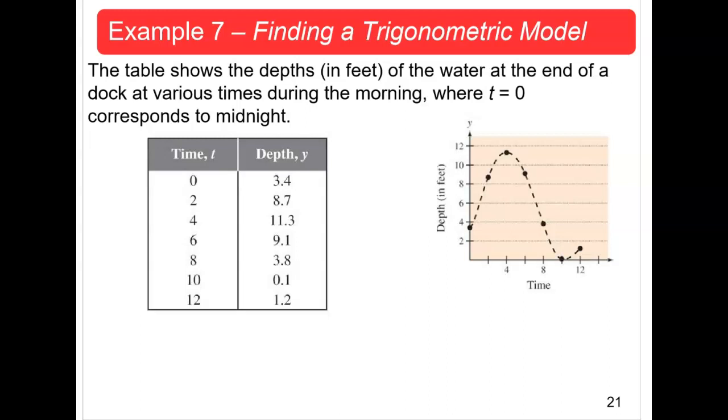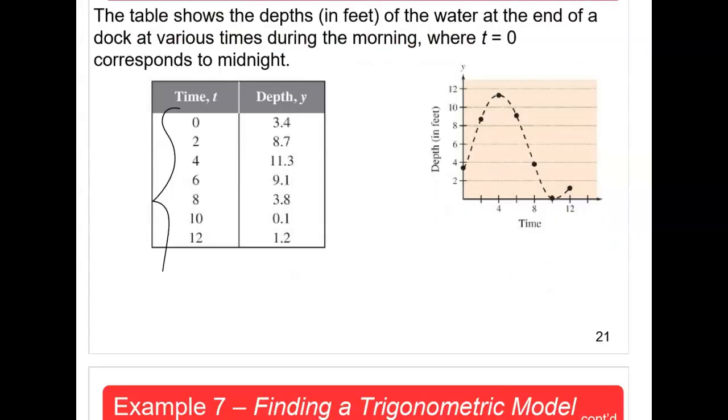The graph is showing us times from 0 to 12, and the y value, or the output, will be the depth of the water in the dock. Since our day starts at midnight, at 12 a.m., that is being considered the starting point at t equals 0. So this will be like the hour 0, which corresponds to 12 a.m.